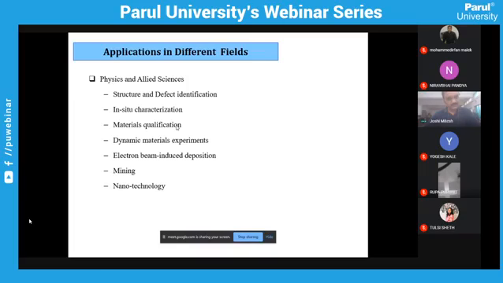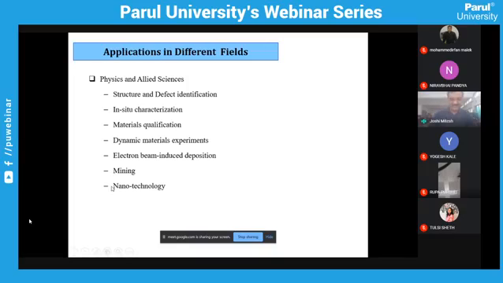There are different processes like electron beam induced deposition and etching techniques. There are different kinds of depositions inside the material. I will give you an example of that later on. So this is also used nowadays. Mining is also there, and in nanostructures, it is also there.